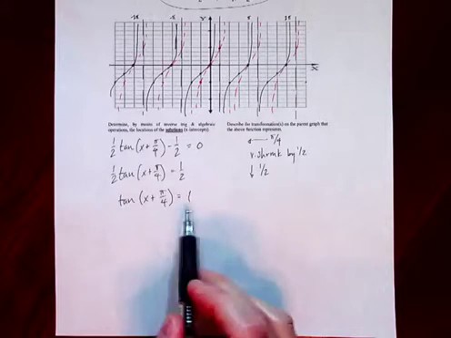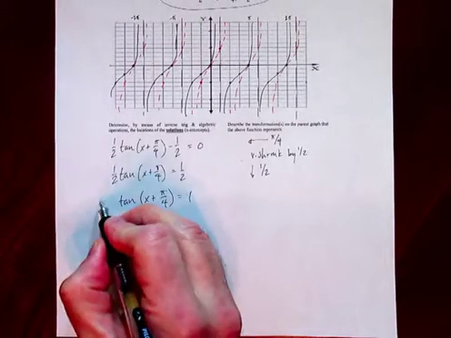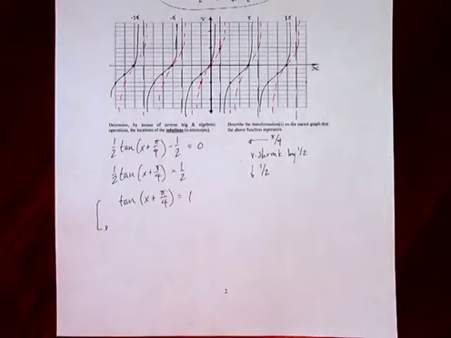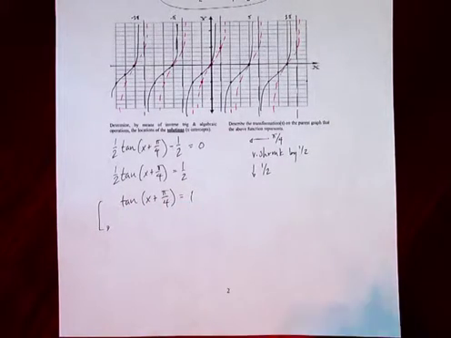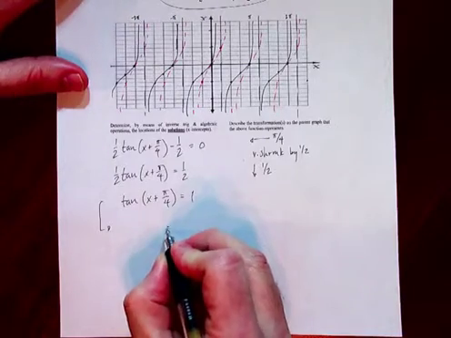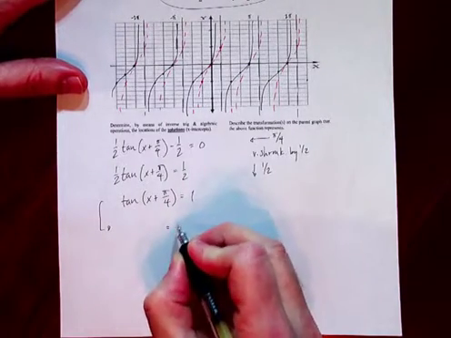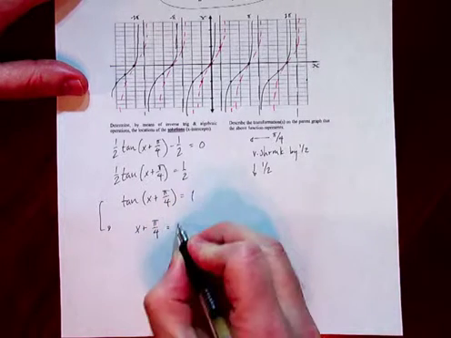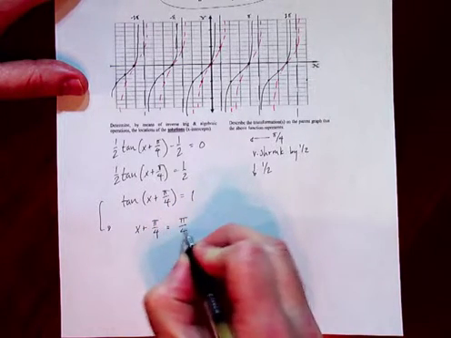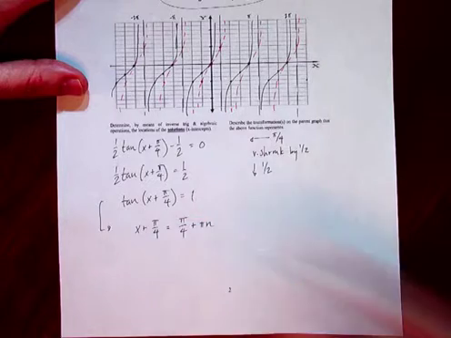And this is a question when you're going from here to this next step. If you want to, you're asking the question, when is tangent equal to 1? Well, tangent is equal to 1 when the angle measurement is pi over 4, or every period after that.